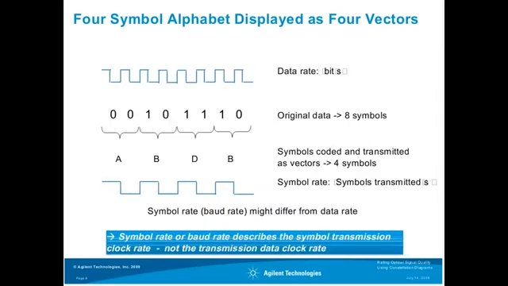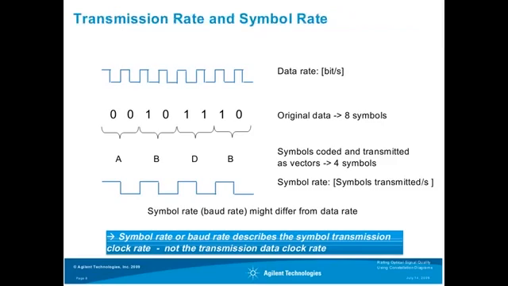One other word regarding the relationship between transmission rate and symbol rate. Here you can see again in the middle an arbitrary original data stream, which is represented by 0s and 1s, and the corresponding data rate clock on the upper part of the slide.